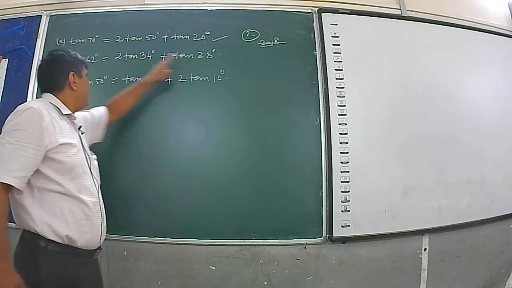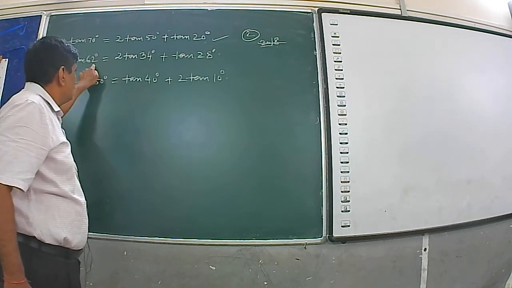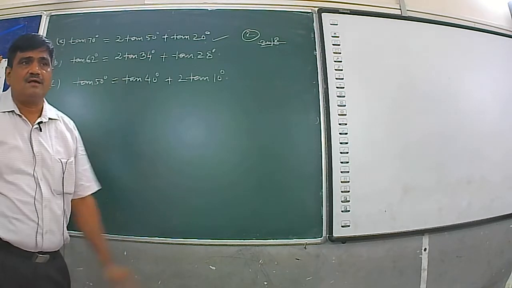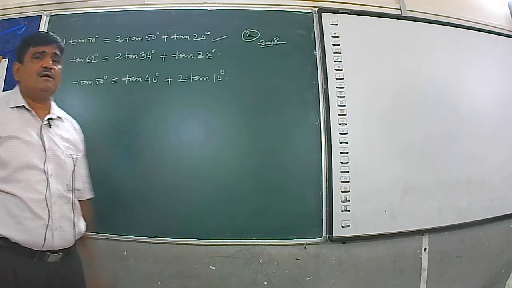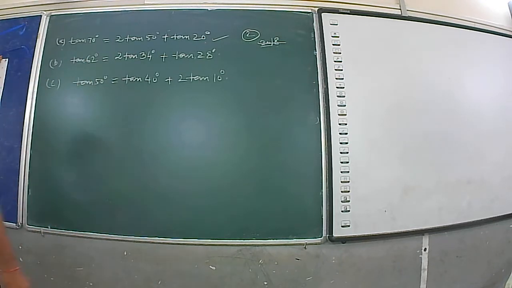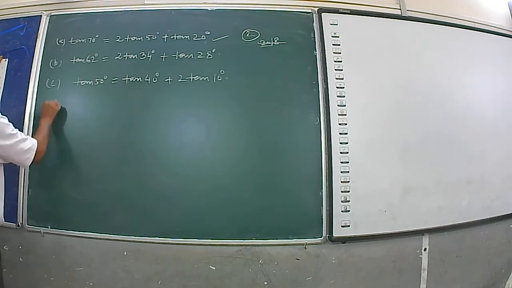And 40 plus 10 is equal to 50. Take one question from the given questions, suppose question number B.